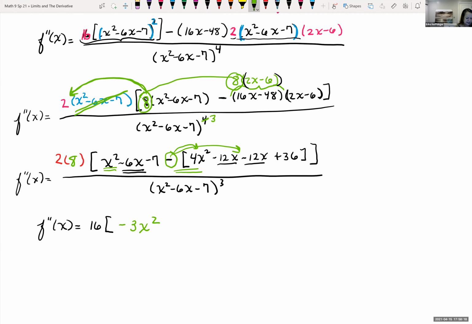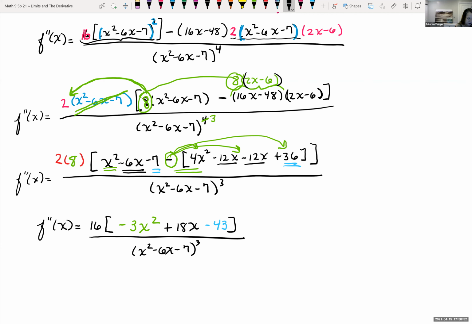So 24x minus 6x, that's plus 18x. Here we have this negative 1 times this 36, so that's negative 36, and a negative 7, that's negative 43. All over x squared minus 6x minus 7 cubed.